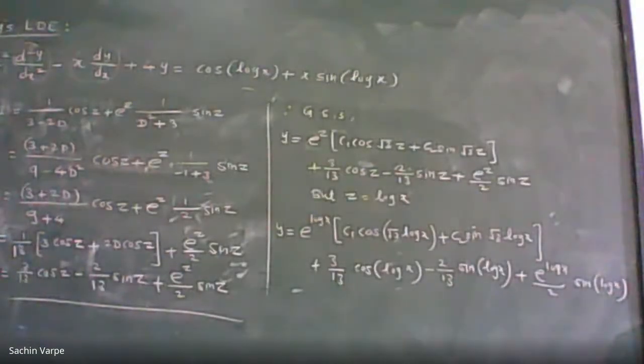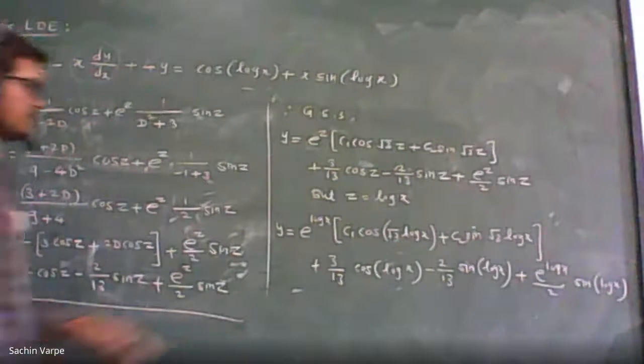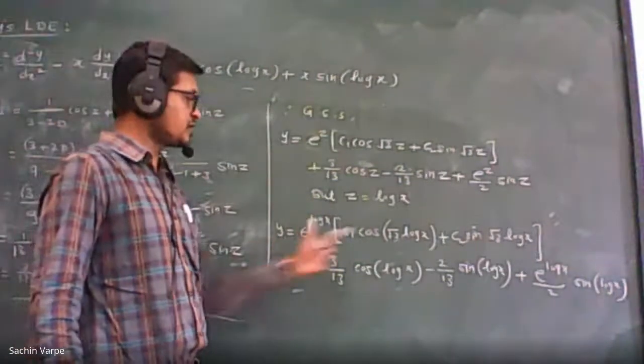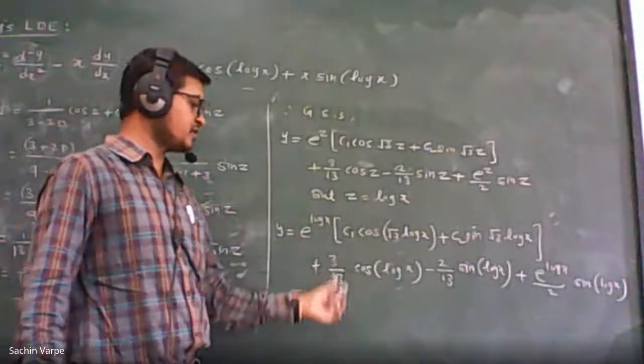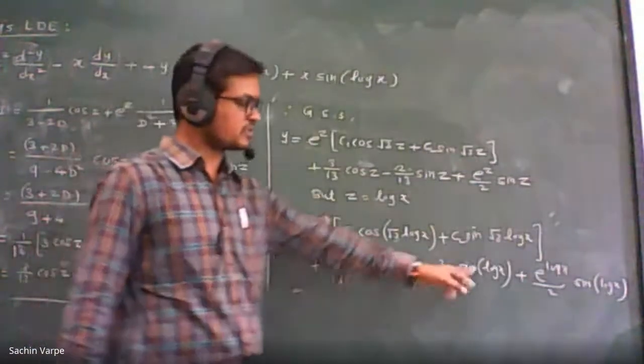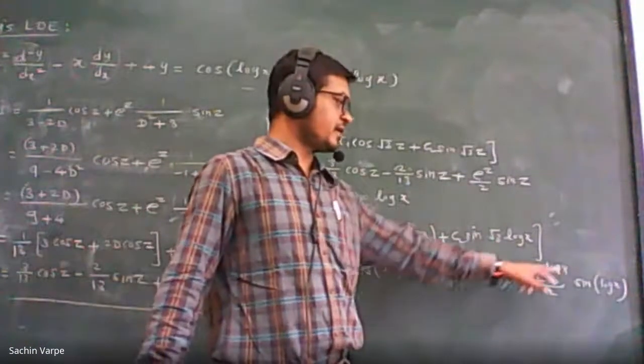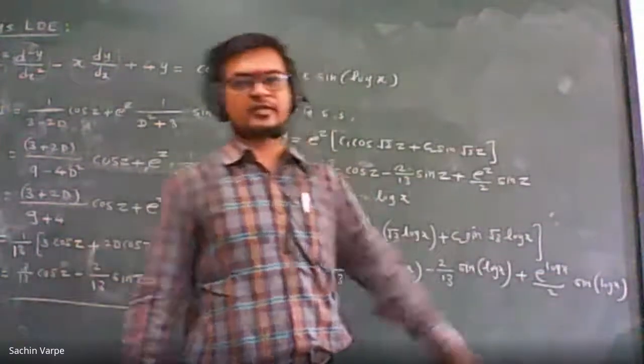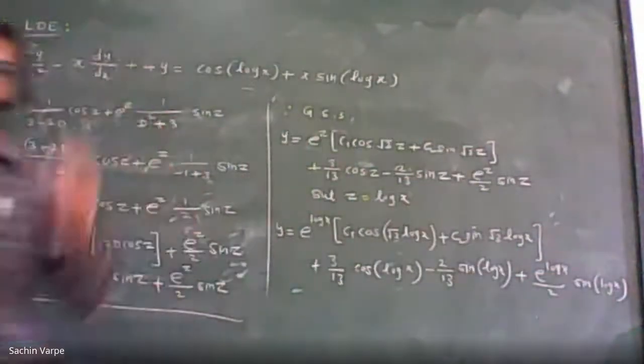Okay. So you can write one more step that e raised to log x is x. So x into this bracket plus 3 by 13 cos of log x minus 2 by 13 sin of log x plus x by 2 into sin of log x. And that is your final general solution.